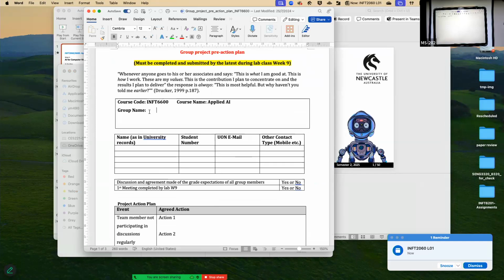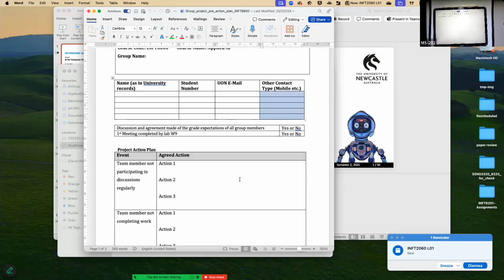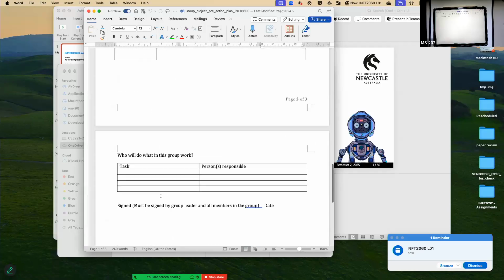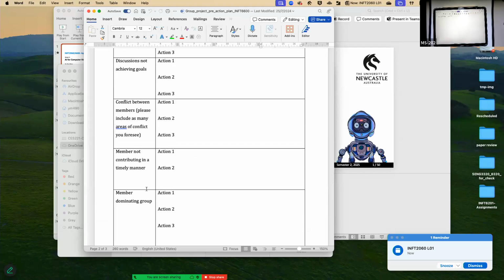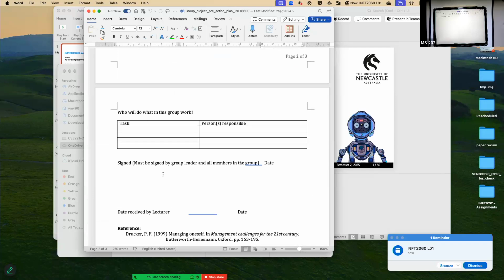Of course, you can name yourselves like group 1, 2, 3, 4, 5, etc., or you can name yourselves whatever name you like. Student number and email are optional, but I hope you can give me your team leader. Then you fill in these actions. I will try to track these actions, but I will not change any. For another course of mine, I maybe focus more on the person's responsibilities.